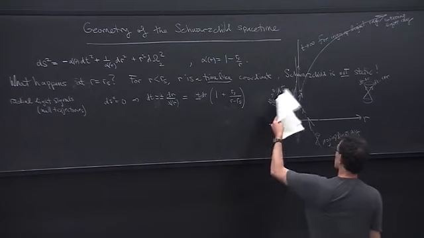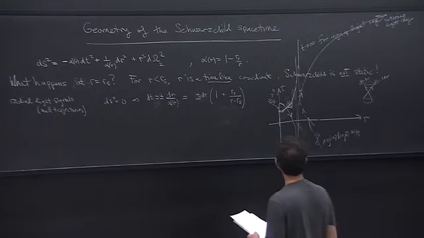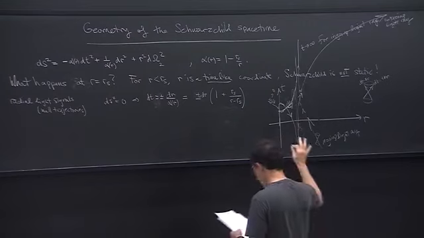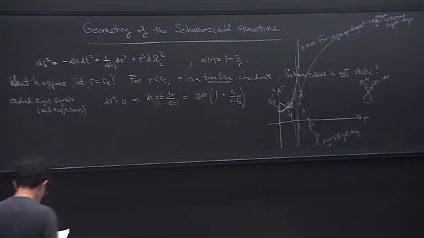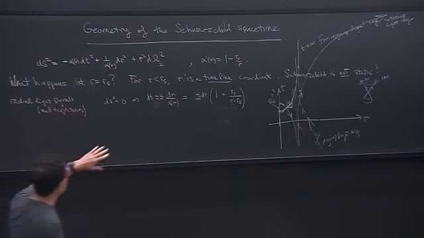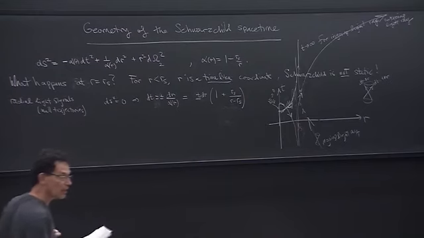Obviously, increasing dr corresponds to decreasing t. Okay, so anyway, there's some puzzles there. But we're not going to take these coordinates too seriously because the metric is singular at r equals rs.